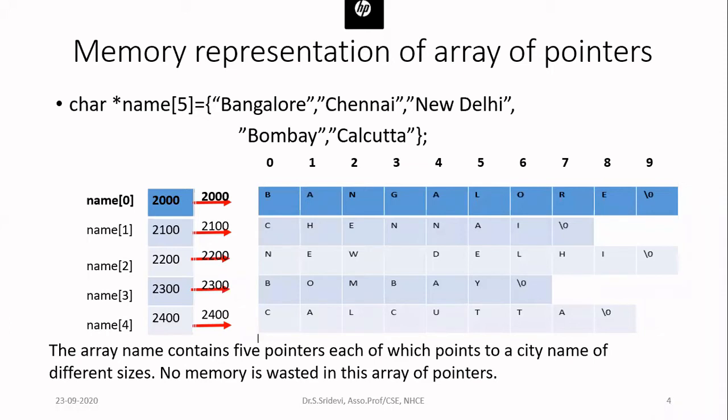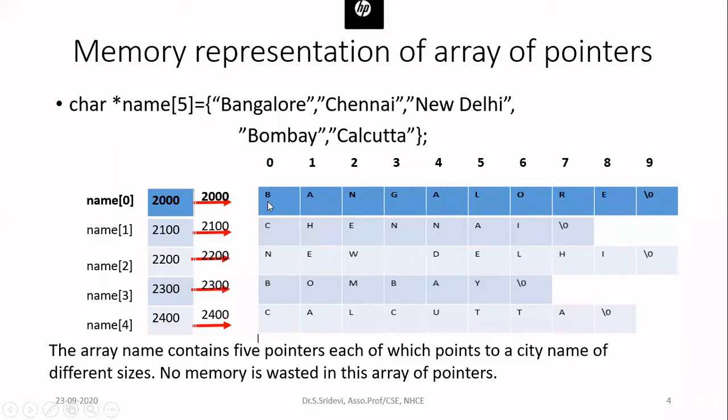Now, in this pointer variable, what are you going to store? If you consider the diagram, you can easily see that in the pointer variable, I am going to store the starting address of the memory location allocated to each city. For example, the first city is Bangalore. It has 9 characters plus 1 null character, so totally 10 character space.